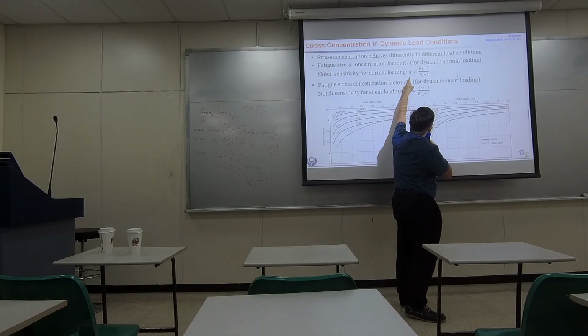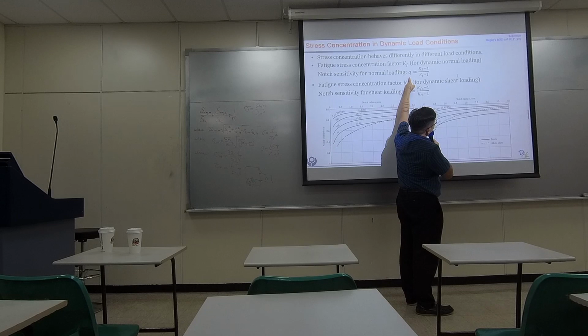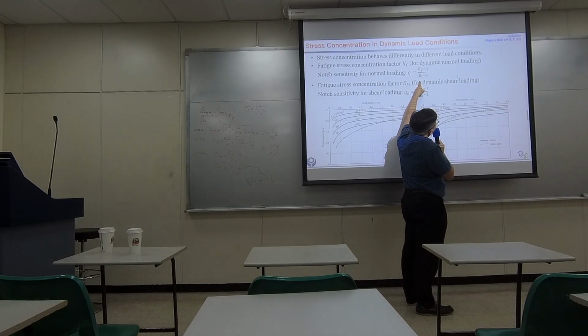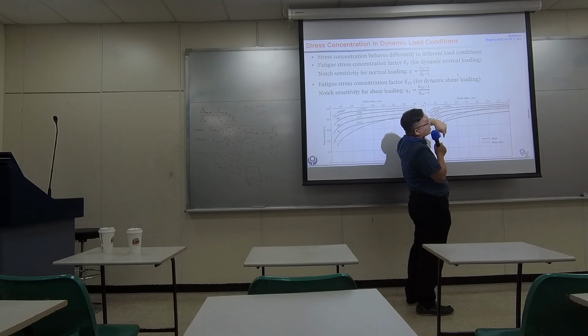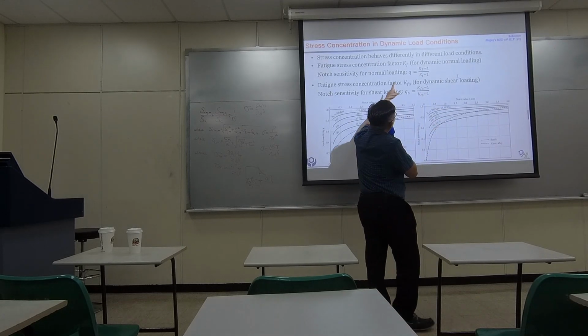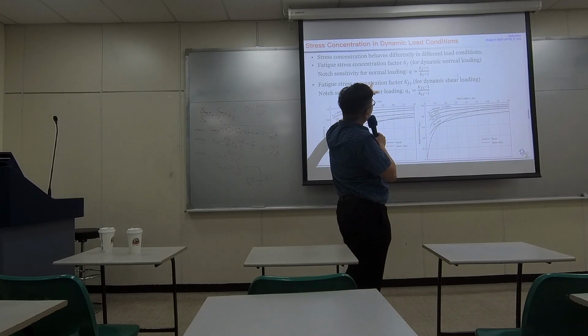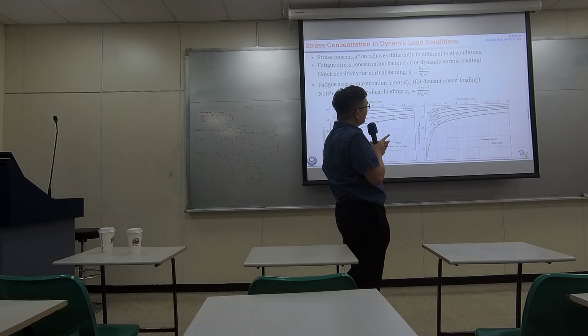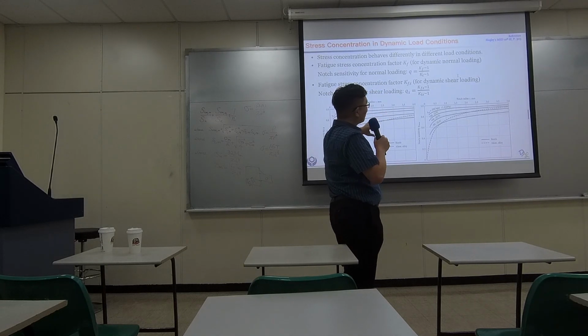If you have Q equal to 1, then whatever KT you have, your KF is the same. What is KF? KF is the stress concentration factor for dynamic loading. So if Q equals 1, these two K values are the same.